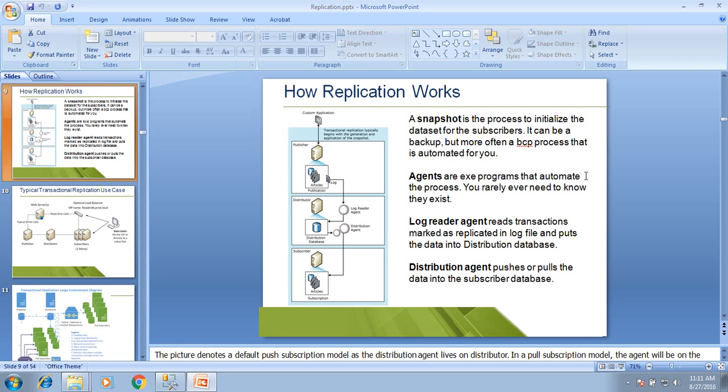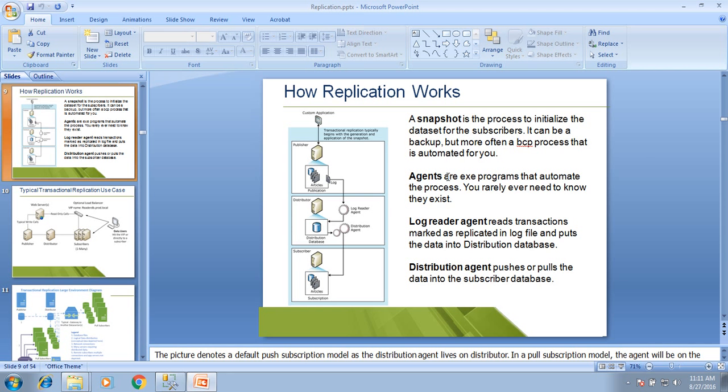Agents, on the other hand, are executable programs that automate the process. Early on, I showed you a demonstration on the different services, and one of them is the SQL Server Agent. The SQL Server Agent will be the one responsible for doing all the tasks. Let's take an analogy. If the SQL Server is the president, then the SQL Agent is the one who does everything, and the SQL Server will just tell what task to do next.